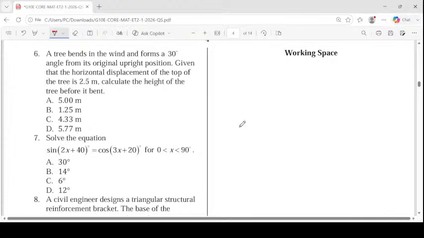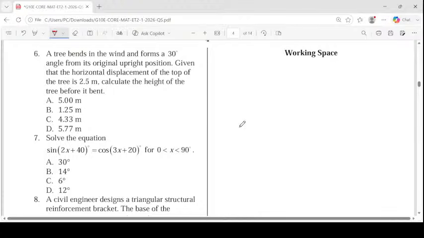Ladies and gentlemen, we are headed to question number 6. We are told a tree bends in the wind and forms a 30 degrees angle from its original upright position. Given that the horizontal displacement of the top of the tree is 2.5 meters, calculate the height of the tree before it bent.